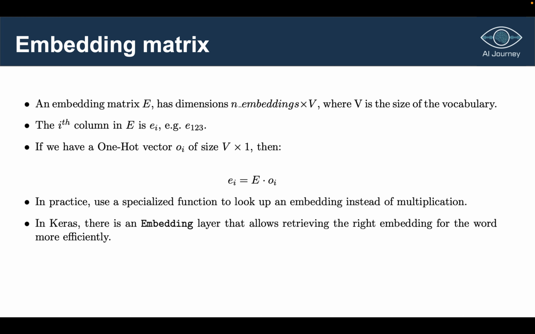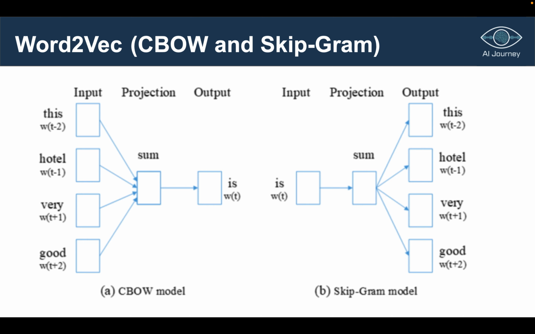So the embedding of the ith token is the embedding matrix times the one-hot encoded token. You don't want to implement this by yourself. There's an embedding layer in Keras, in tensorflow.keras, to get the embedding matrix.